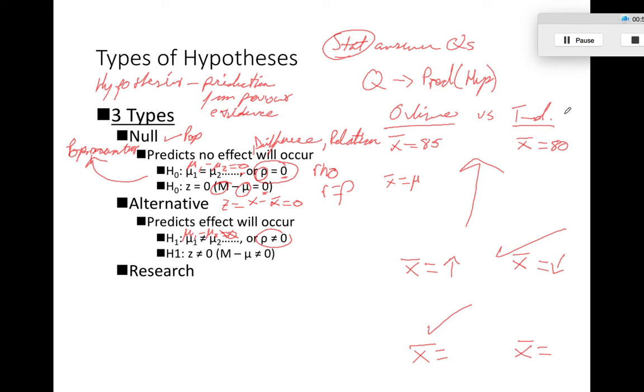How much do they differ by? The alternative hypothesis doesn't give me a value. All it tells me is that they should not be equal to each other. So the population average for group 1 versus the population average for group 2 should not be equal to each other, but I don't know what that value is. All I know is that it's not equal to 0. Okay, and that's a very, very important thing that we have to consider here.